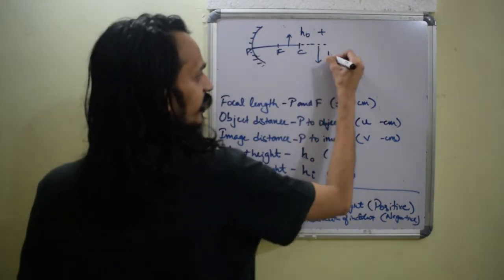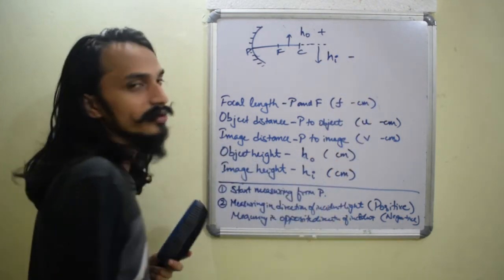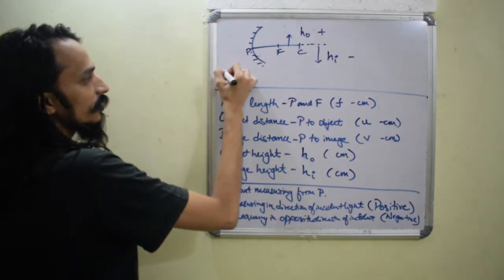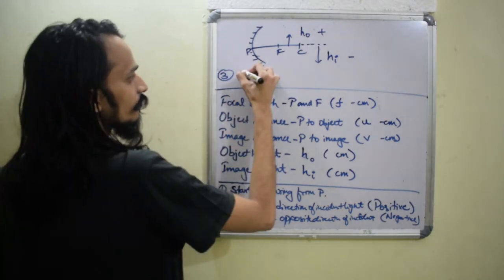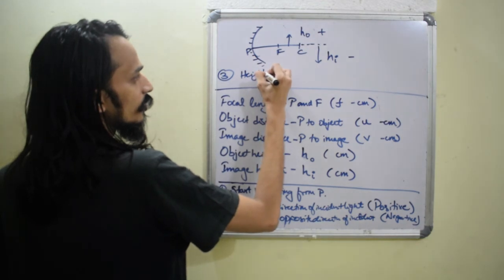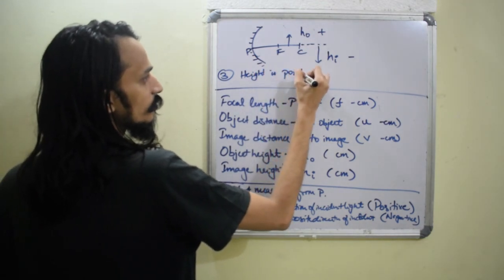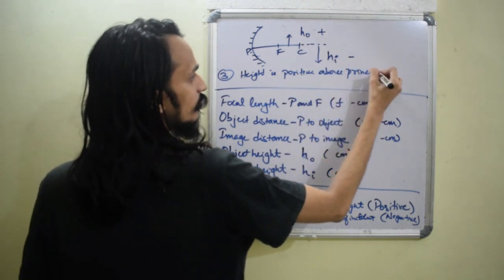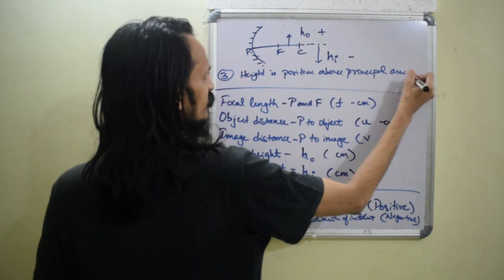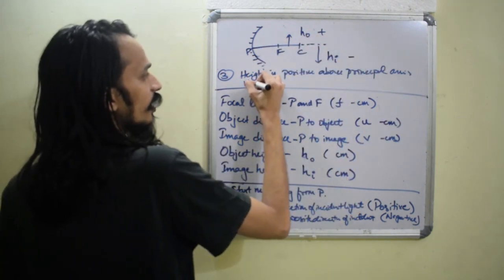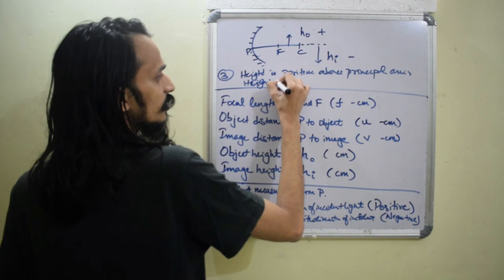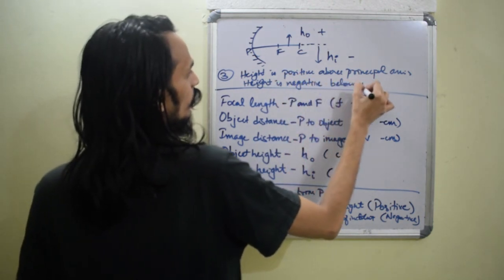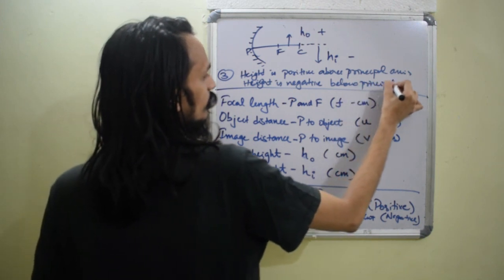So I will say that height of image is negative over here. Okay, so that makes my third sign convention. Height is positive above the principal axis. The principal axis is nothing but this line, and height is negative below the principal axis.